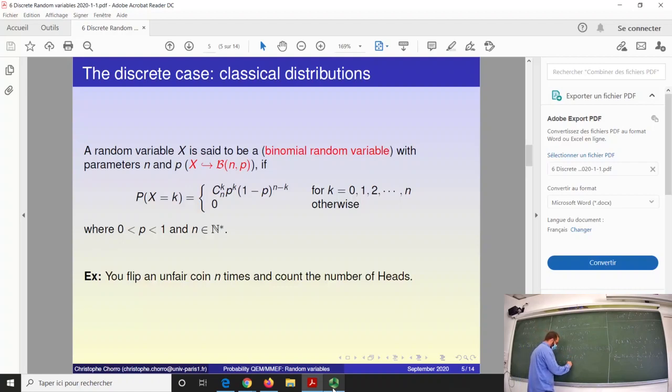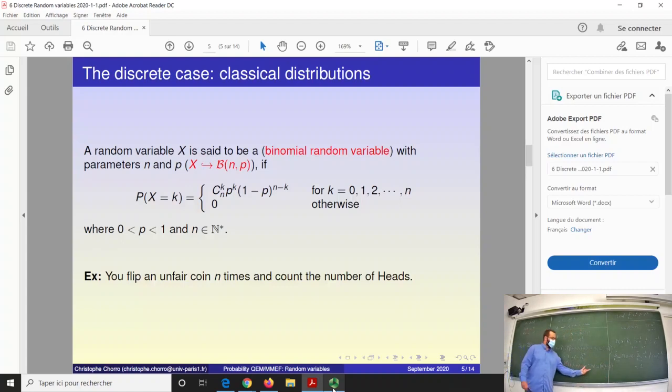So I have tail 1, head 2, head 3, so it's 2 heads, excuse me. So I have this one: head 1, tail 2, head 3, union, head 1, head 2, tail 3.